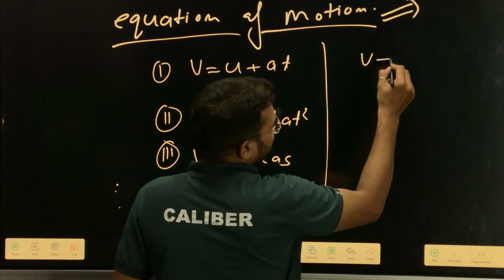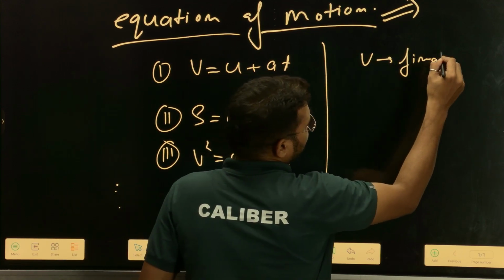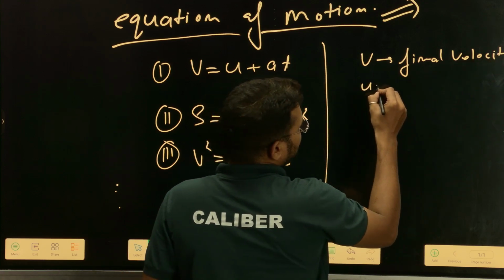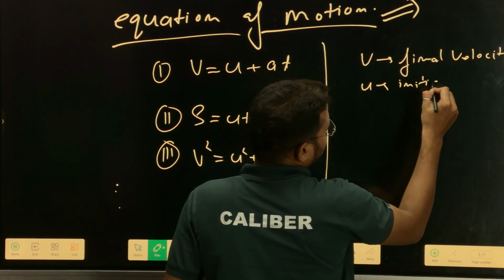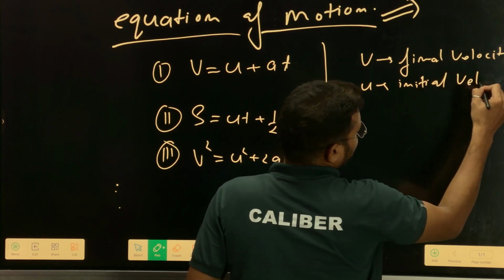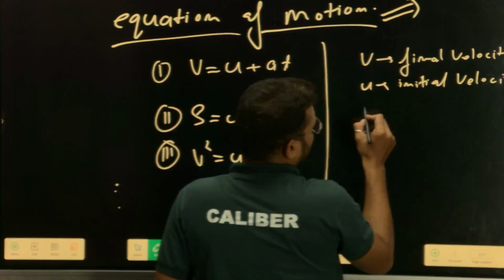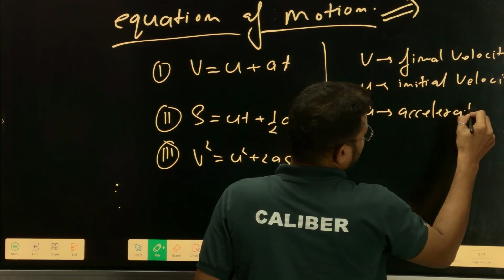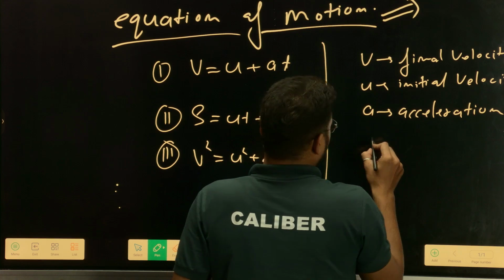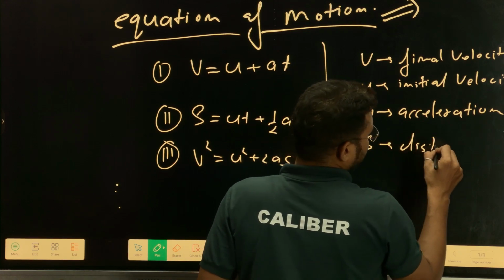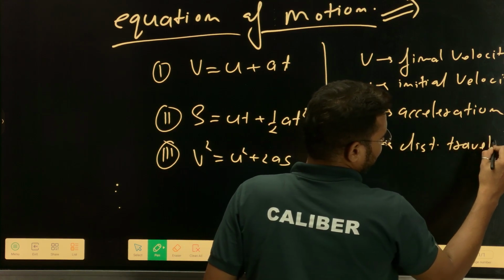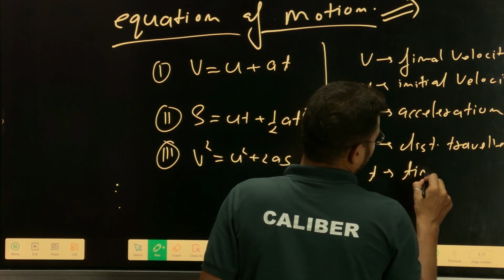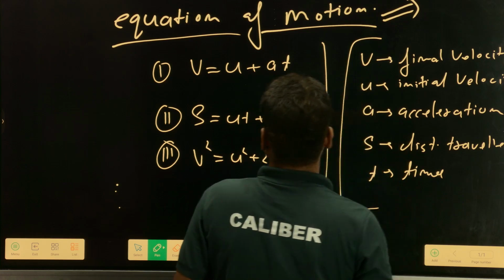So V stands for final velocity, U stands for initial velocity, and A stands for acceleration, S stands for the distance traveled, and T stands for time. That's all. These five variables are here.